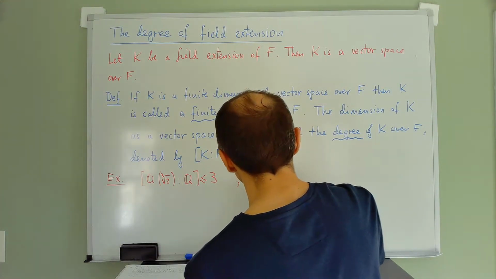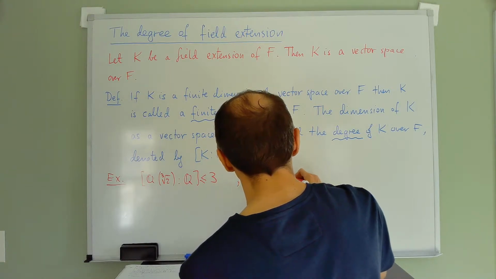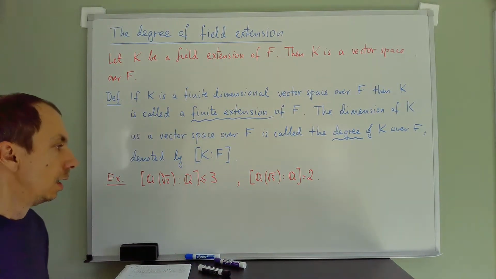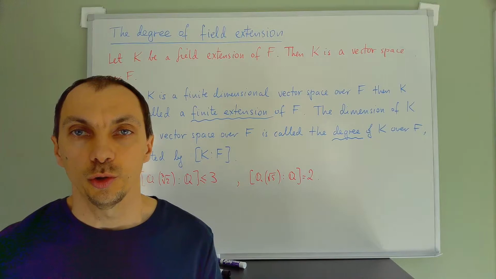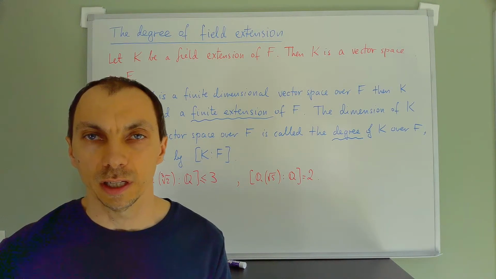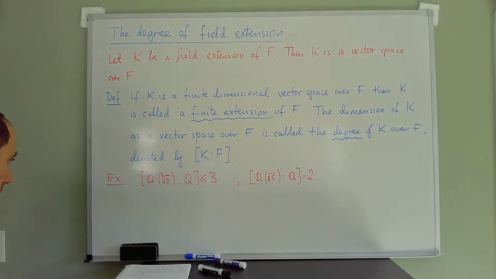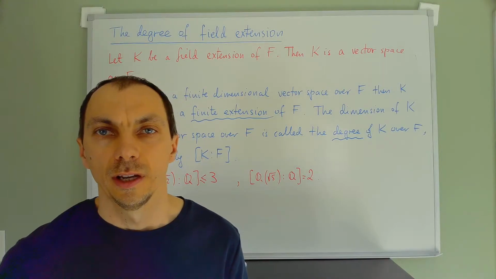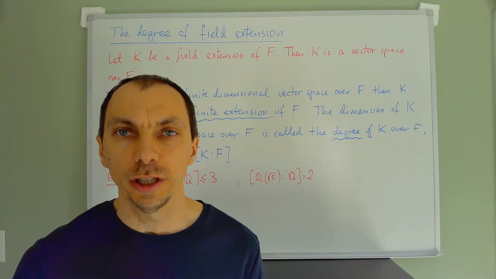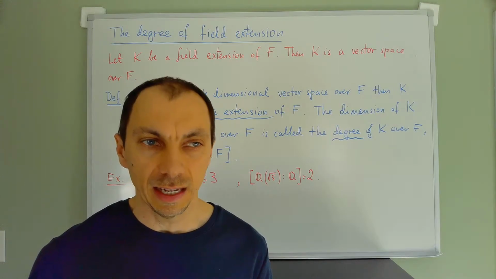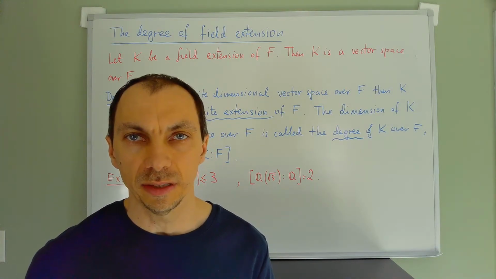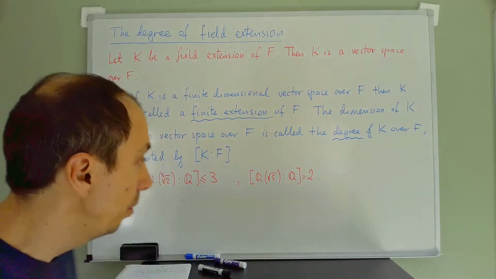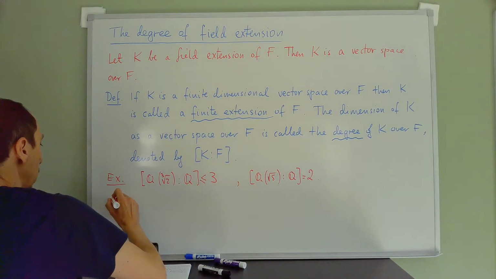But then we also did another example, Q adjoin radical 5 over Q, and we actually got that the degree here was 2. One of the important things for us is to be able to compute degrees of various field extensions. And this would be a big nuisance if whenever we get to a point where we know that we have a spanning set, but are not able to say if the spanning set is a basis, then we would only get inequalities.